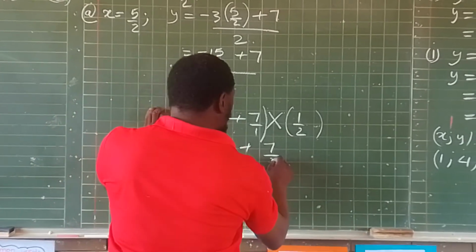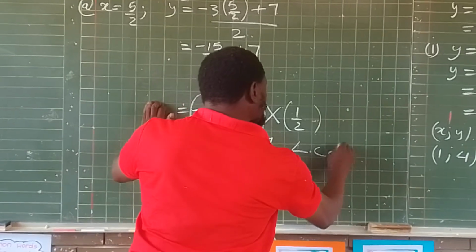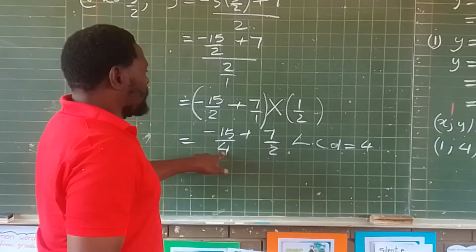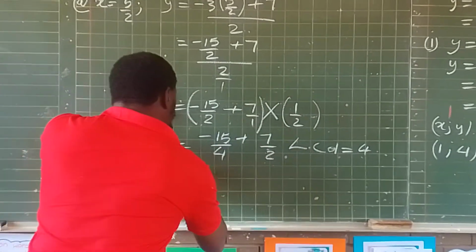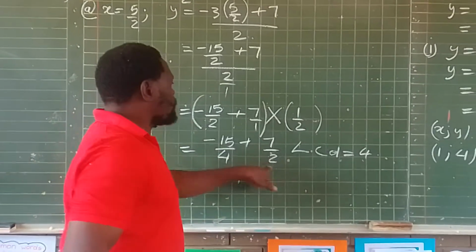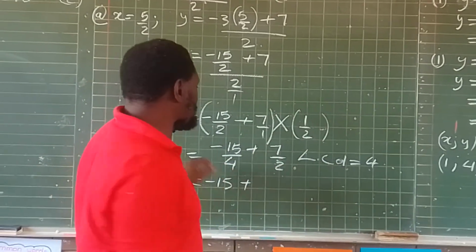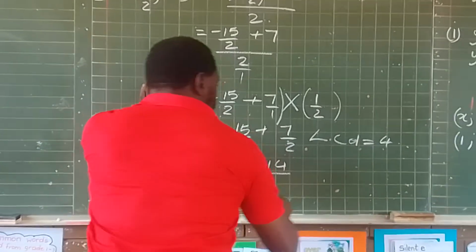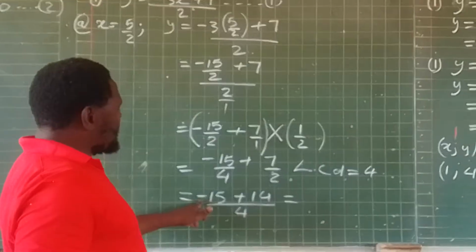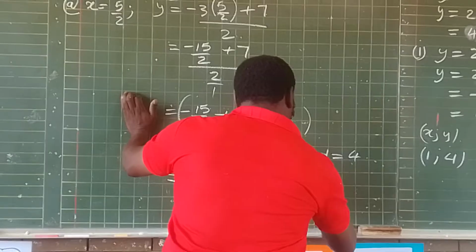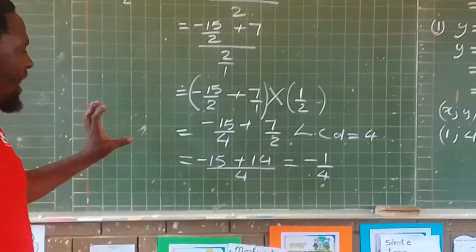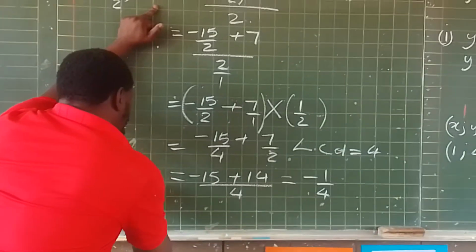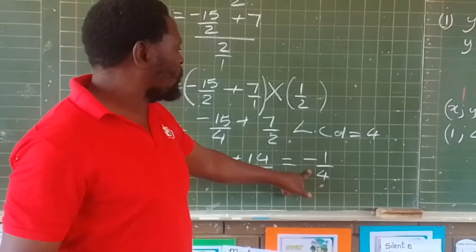Now we find that your LCD is going to be 4. 4 goes how many times into 4? 1. 1 times minus 15 is minus 15. 2 goes how many times into 4? 2. 2 times 7 is 14. All over 4, which is going to be minus 15 plus 14, which is minus 1 over 4. We've got one value of y, which corresponds to minus 1 over 4.